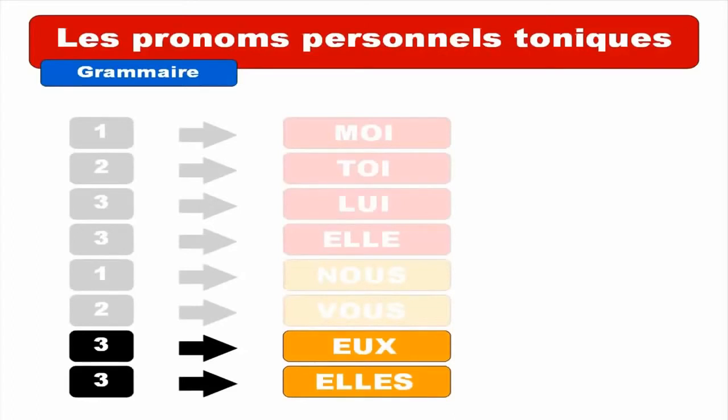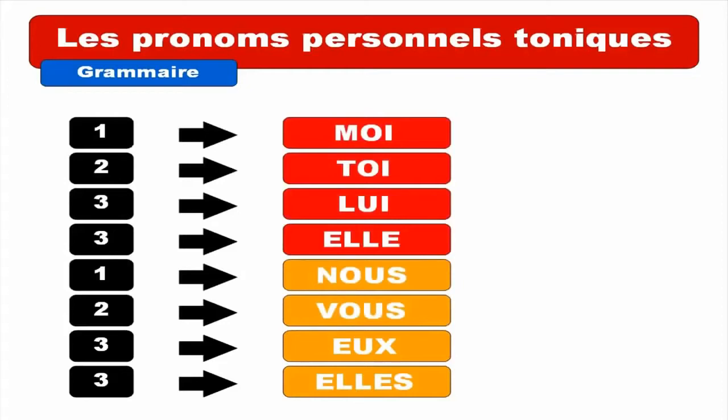So masculine form is eux, alright, final X is not pronounced, eux, repeat, eux, okay, and then feminine form, elles, final S is not pronounced, elles, repeat, elles, okay. So, moi, toi, lui, elle, nous, vous, eux, elles.